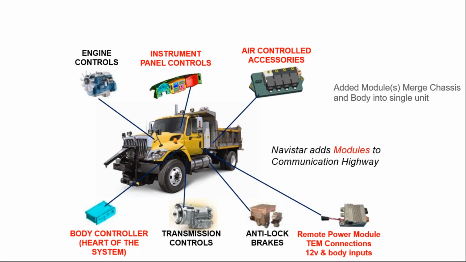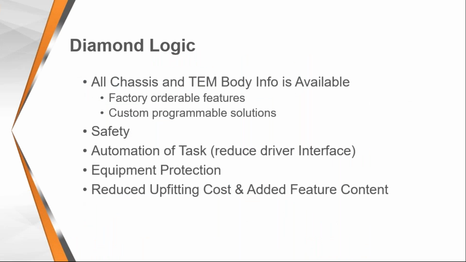All the information for the chassis is told to the body people through a website. Our TEMs, sometimes called upfitters or bodybuilders, have a website that's available. You can Google Navistar bodybuilder.